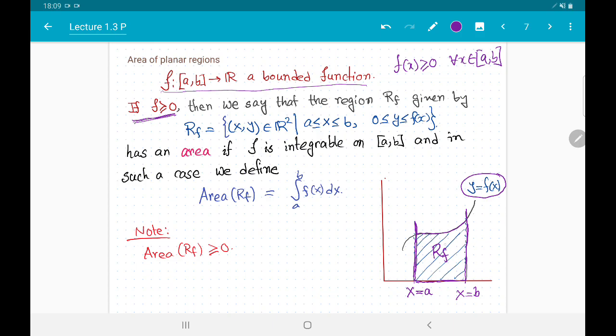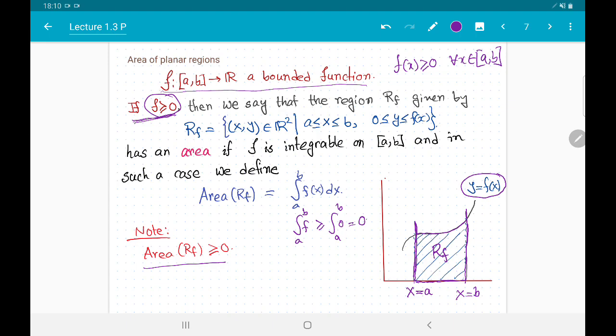The area of RF, if f is integrable, is given by simply the integral of f from x equal to a to x equal to b. We have seen that if f is bigger than or equal to 0, then the integral of f should be bigger than or equal to the integral of 0, which is 0. So the area of RF has to be bigger than or equal to 0.